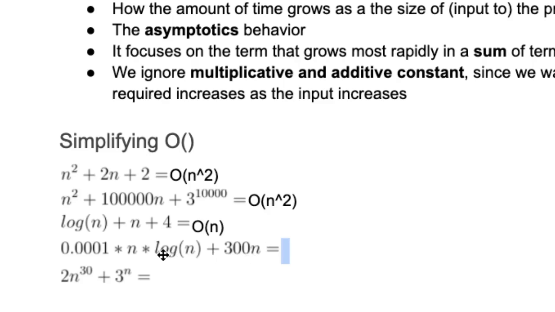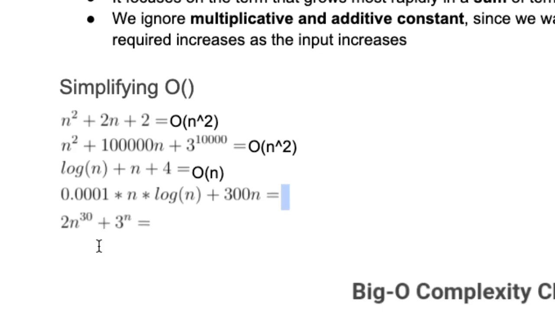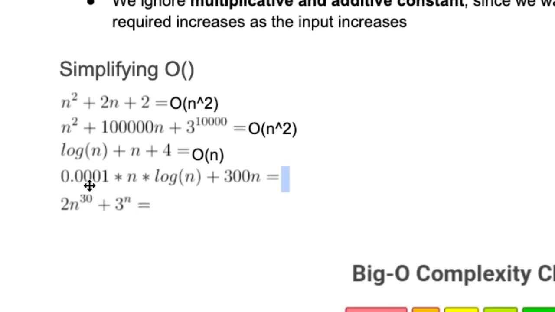So okay, here we go again. A type of algorithm that you're going to run into a lot, and we'll look at one at the end of class today, is this one. We have 2 terms: 1/10,000th times n times log n, plus 300n. So which of these grows faster, the n log n or the n?